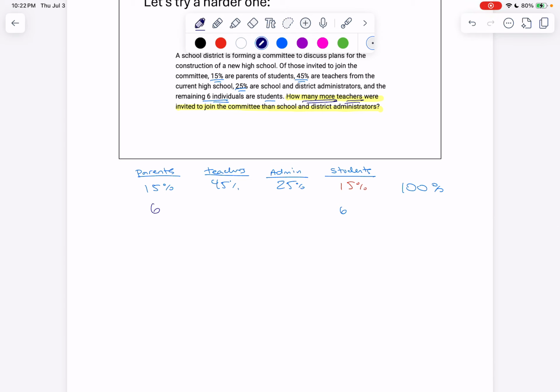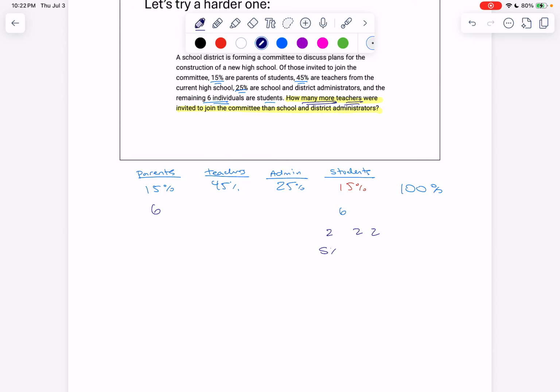Now, if 6 is 15%, if I chop that into 3 parts of 2, 2, 2, and I chop my 15% into 3 parts of 5%, 5%, 5%, I can see that 2 is 5%. Now for the administrators, that 25% is 5%.